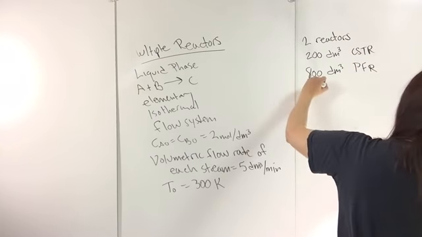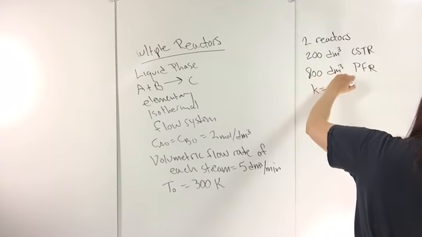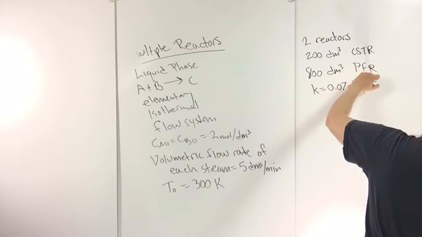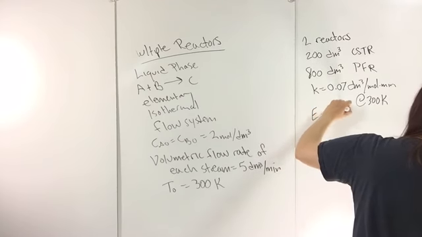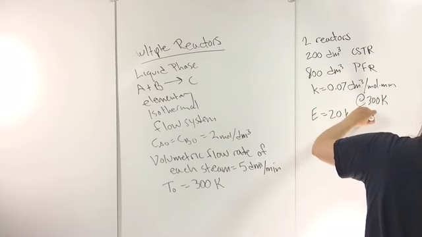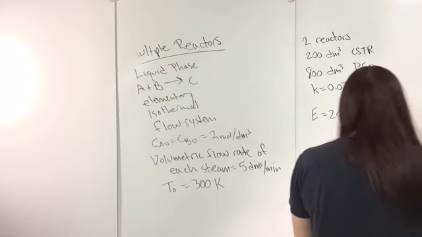And K is equal to 0.07 dm cubed per mole minute. This is at 300 K. E is equal to 20 kilocal per mole.